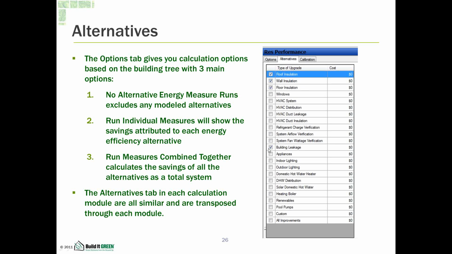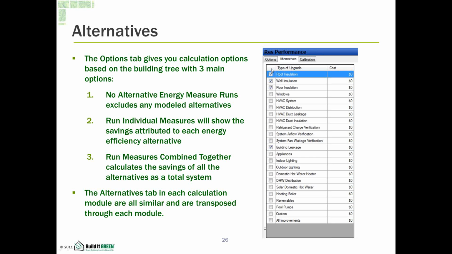Typically, we won't do building leakage because blower door is typically not practical in a 50-unit residence. But if you have maybe a six unit residence and you have 6 blower doors, go ahead and knock yourself out with getting a building leakage reduction. But it's typically not feasible in many high-rise residential buildings.